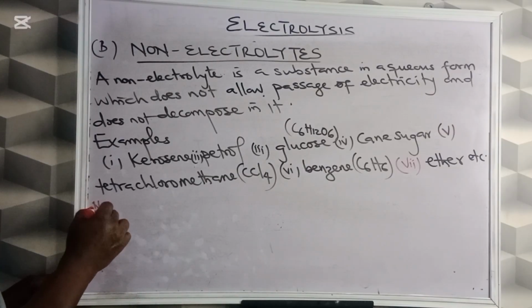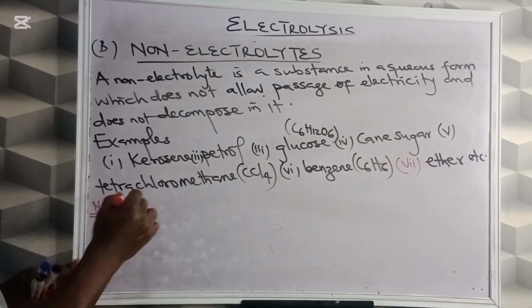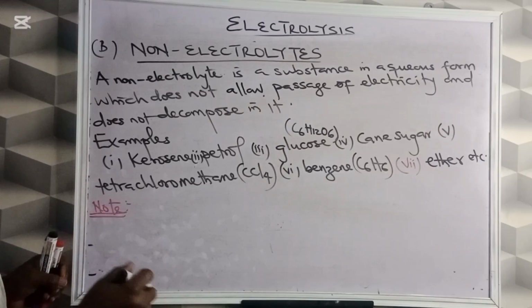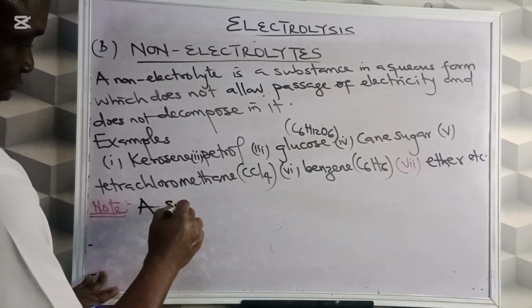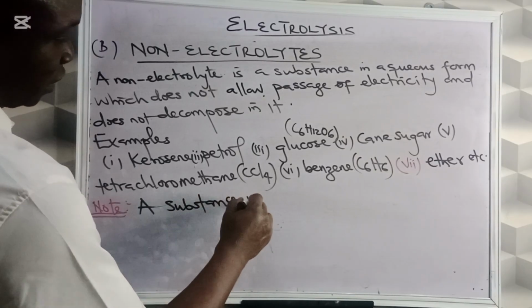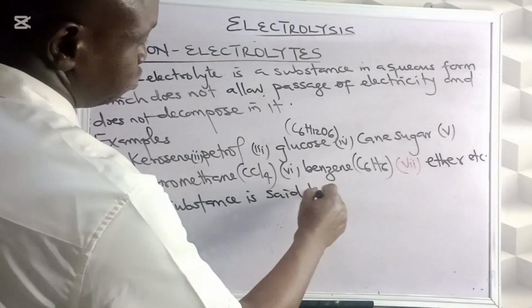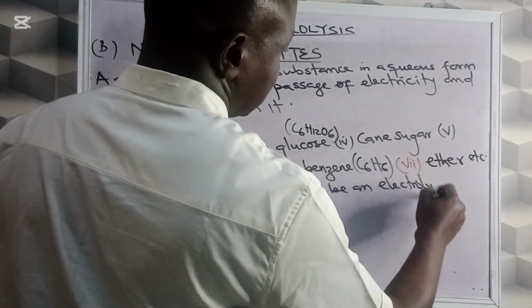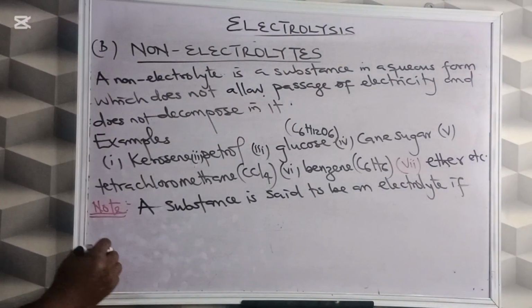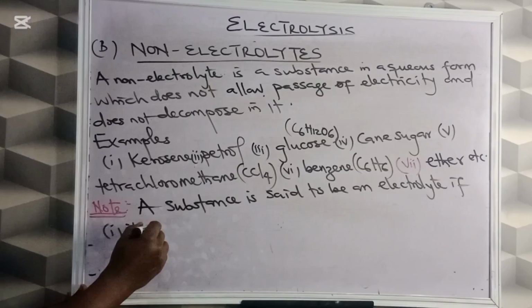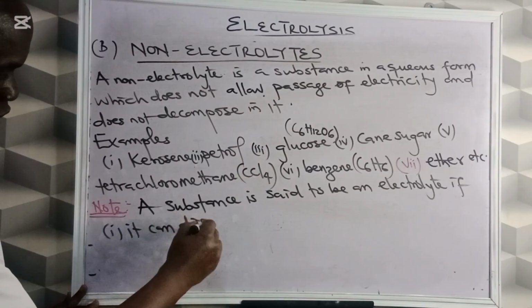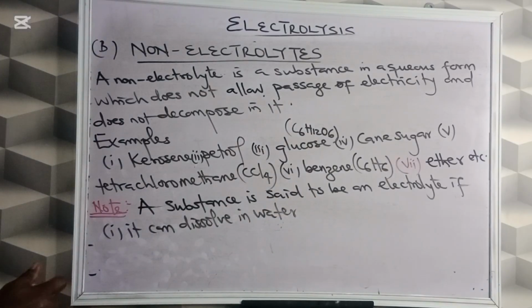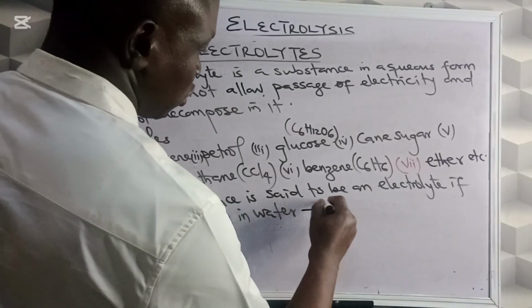Note: a substance is said to be an electrolyte if, one, it can dissolve in water. That's the first criterion.